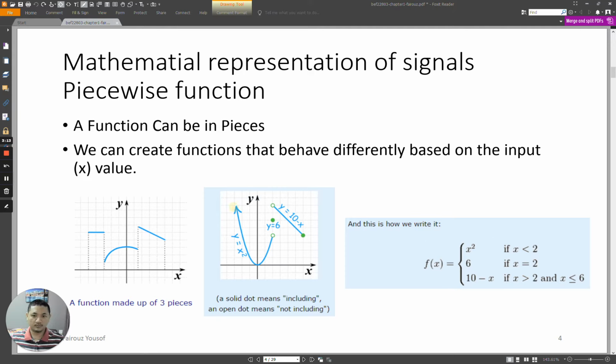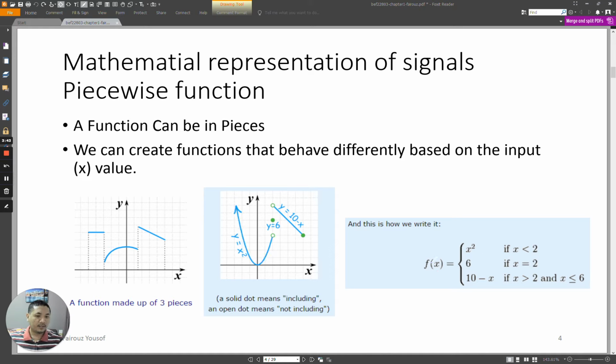First, at x equals 2, there is 6 here, just a single dot, a single value at f(x). This f(x) is equal to y, right? So y is 6 if x is 2.